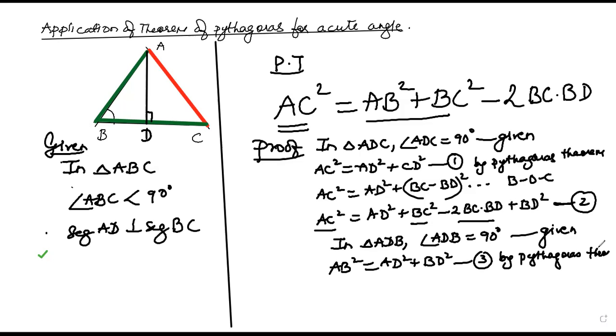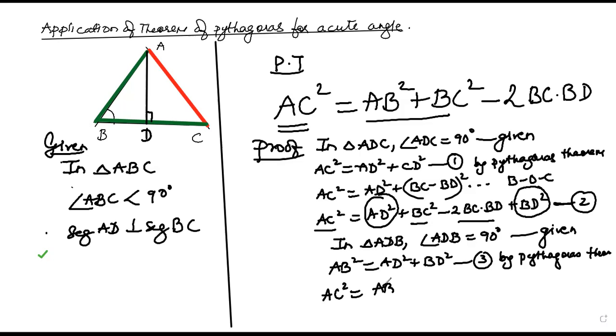Okay, what will happen, children? I don't want this AD square and BD square. What is AD square plus BD square equal to? AB square. So can I replace? I'm rewriting this statement number 2. AC square equals, in place of AD square and BD square, what is AD square plus BD square equal to?